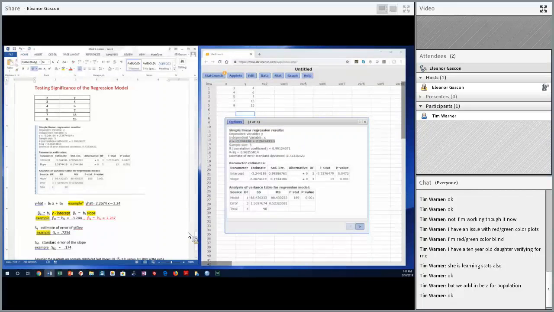Okay? So, a couple more terms that come up in chapter 14. SE, it's the estimate of the error of the standard deviation. It's the standard error. And it is this number here.